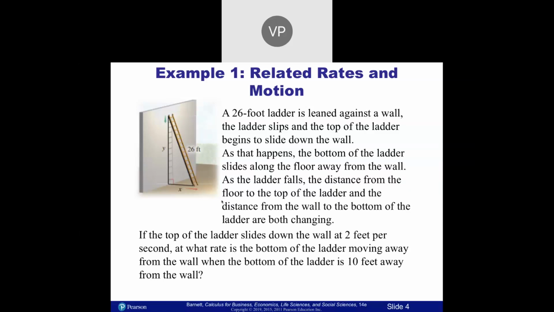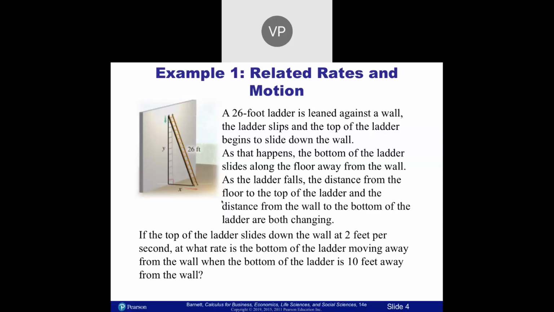So the question they ask here, let me get to that. If the top of the ladder slides down the wall at 2 feet per second, at what rate is the bottom of the ladder moving away from the wall when the bottom of the ladder is 10 feet away from the wall? Okay, so there's a couple different things that come into play here. Sometimes it's falling at a steady speed, sometimes it's falling really fast.